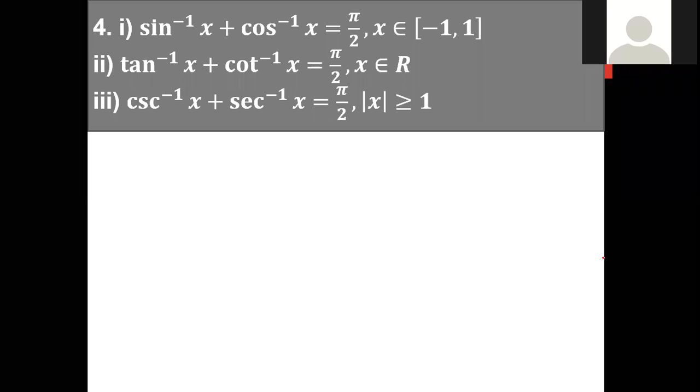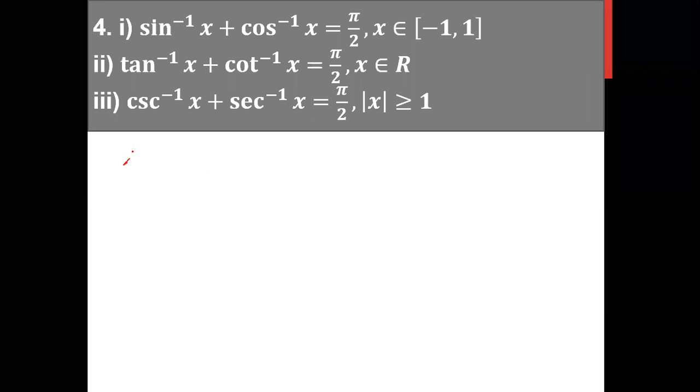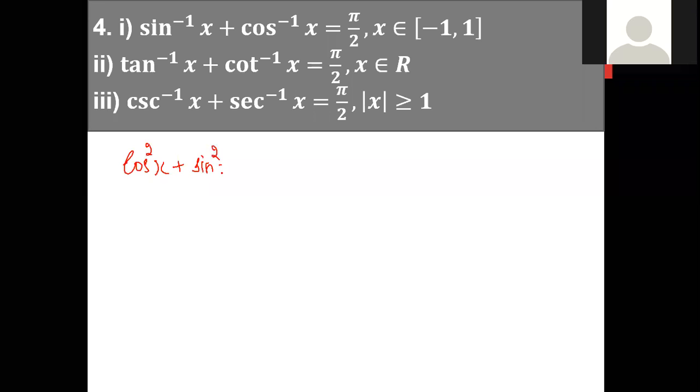Okay. So similar to the direct trigonometric functions, you had some identities, right? What were the identities? Cos square x plus sin square x is equal to 1. 1 plus tan square x is equal to secant square x.